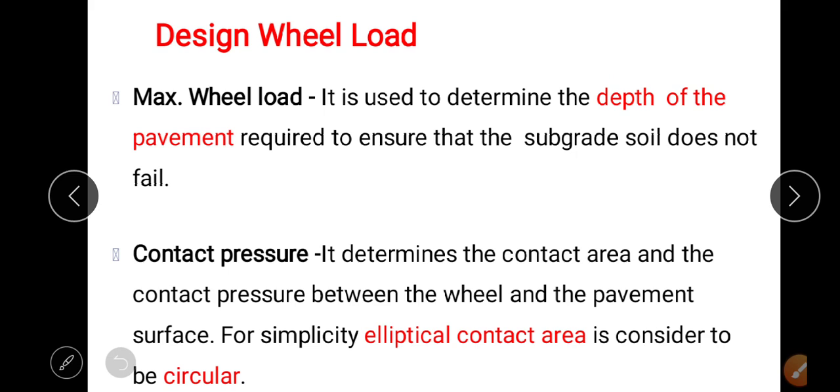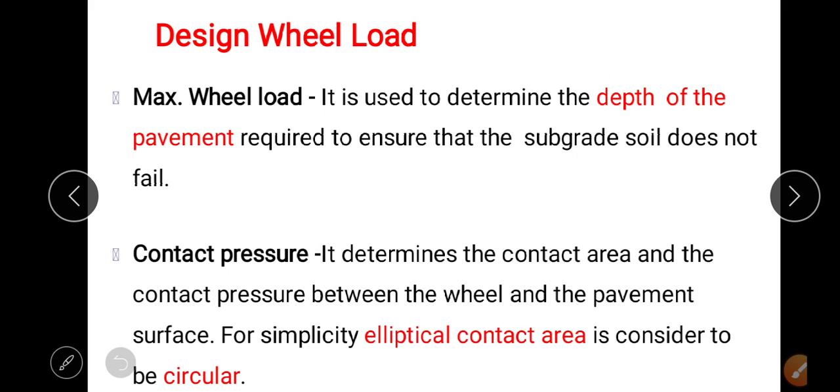Maximum wheel load. It is used to determine the depth of the pavement required to ensure that the subgrade soil does not fail. In such a way, the maximum wheel load is to be considered. Apart from that, there is the pressure which is developed because of the application of load on the surface of the pavement. It depends entirely on the size of the tire and the imprint area, the contact area.